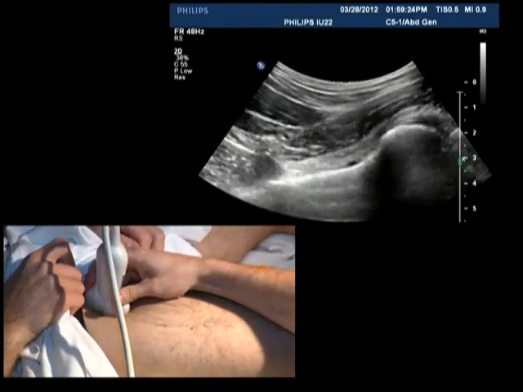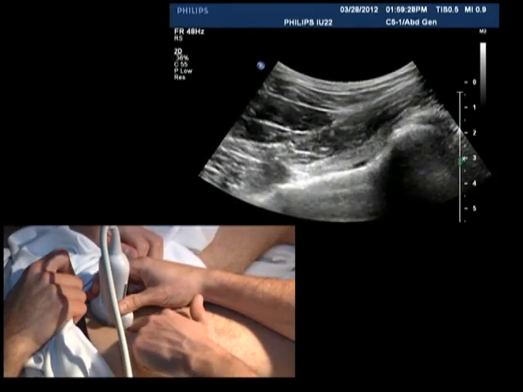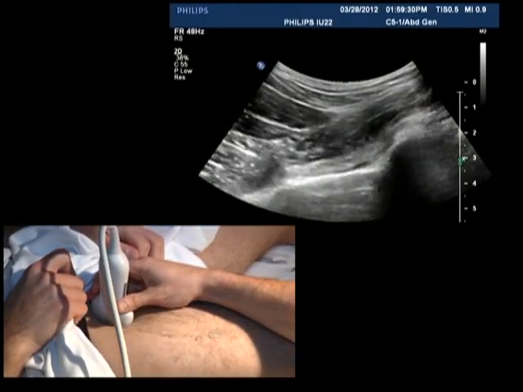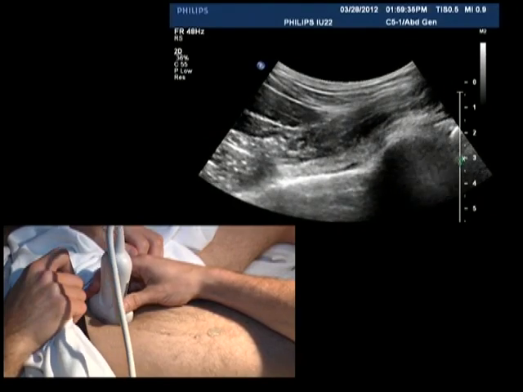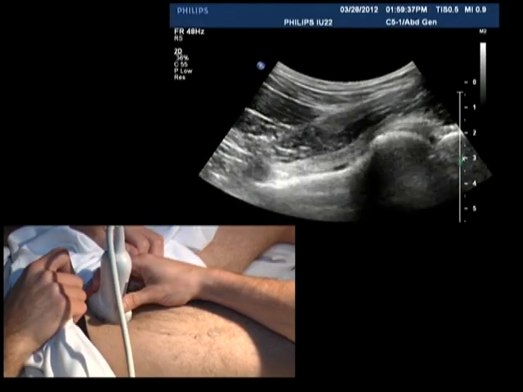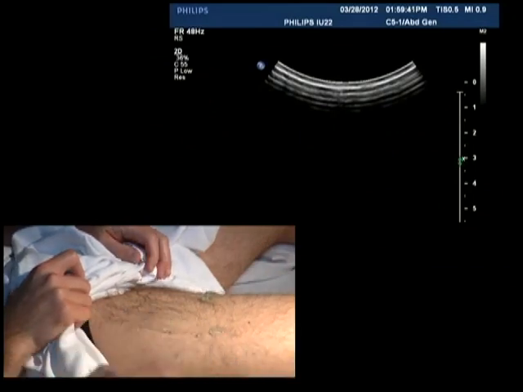If we're going to do an injection of the hip, I would keep the transducer in the same location and then start more inferiorly and, following the same plane of the femoral neck, advance the needle into the anterior joint recess.